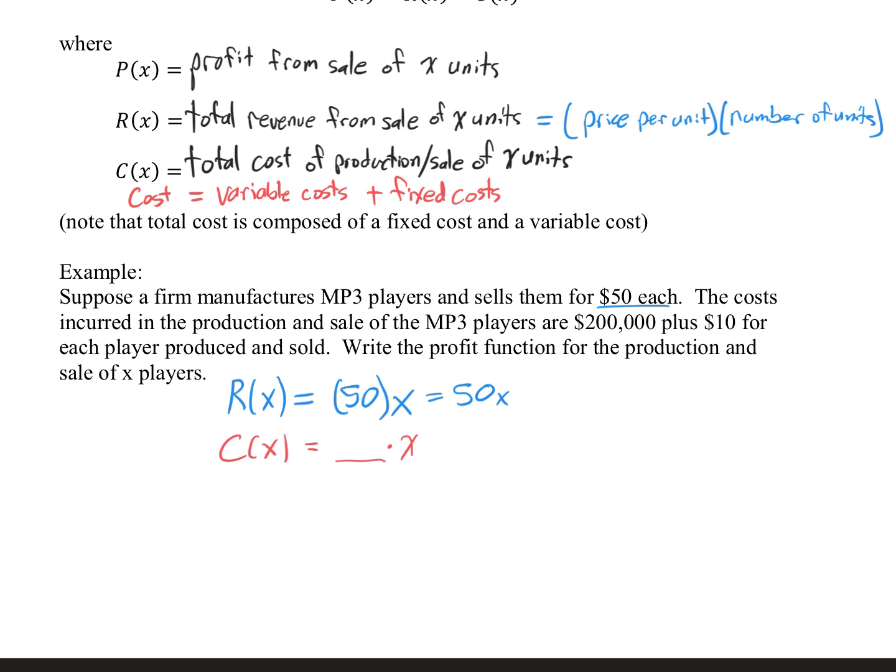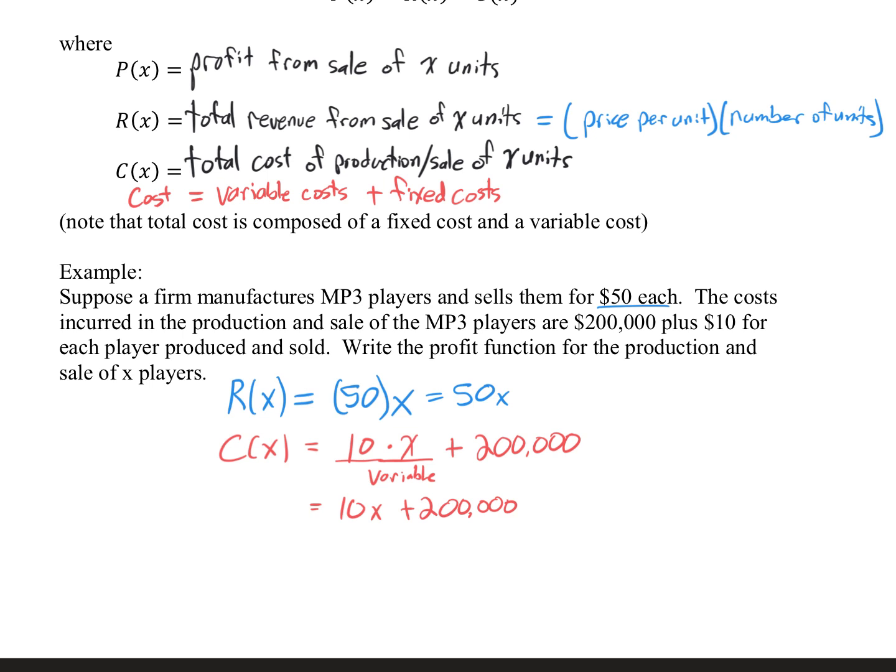When you examine the cost, there's a $10 cost per unit, and that's our variable component here. And then we are going to add on the amount of the fixed cost, so for this example, $200,000. To simplify my notation a little bit, I would call this 10x plus 200,000.